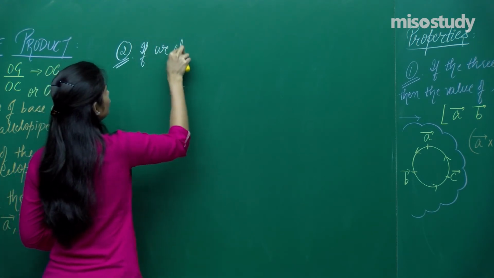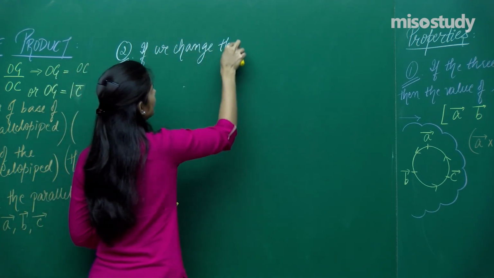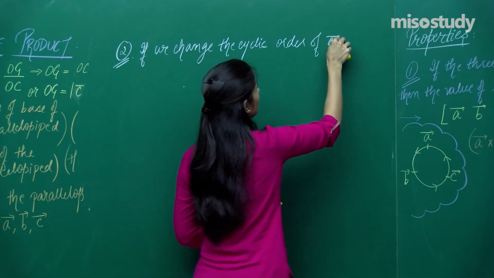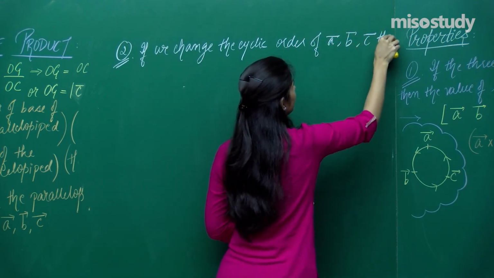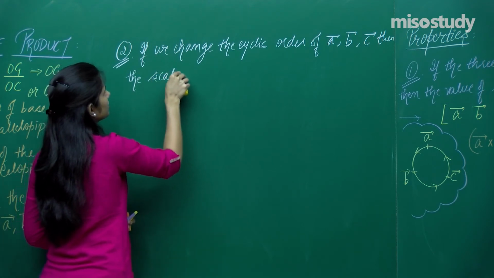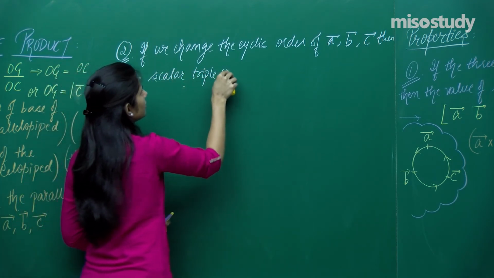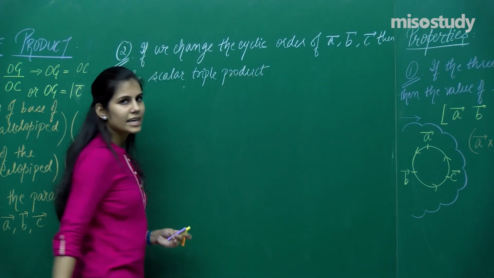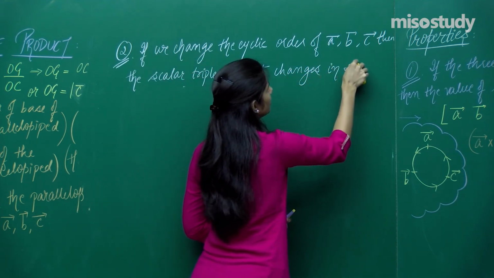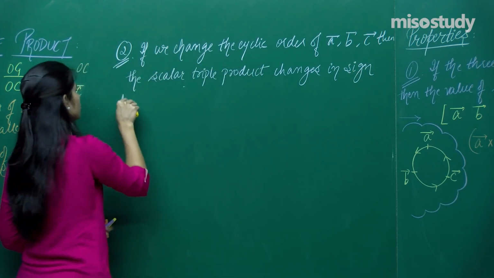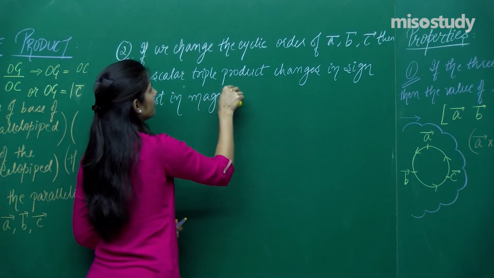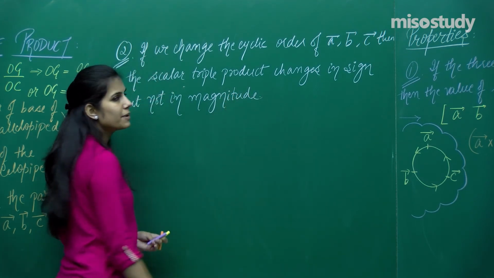If we change the cyclic order of vectors, then the scalar triple product changes in sign but not in magnitude. So magnitude remains the same, but the sign changes.